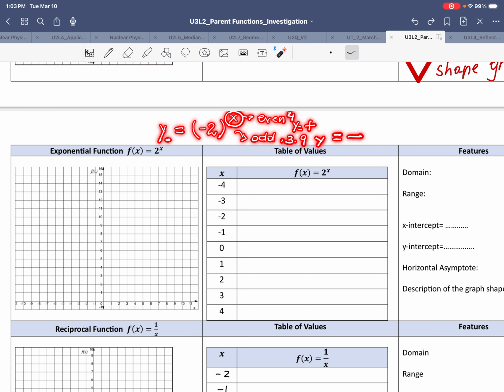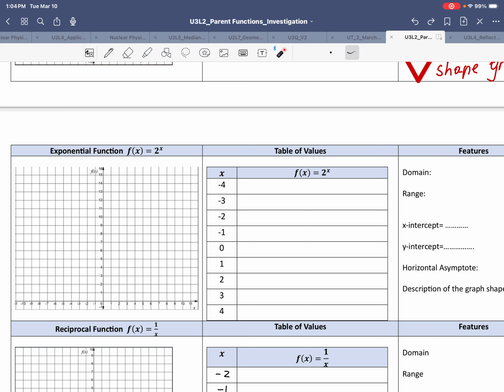Now imagine having, let's say, negative 2 to the power of 4, which will be a number all the way up here. So at positive 4, we're going to have the y value all the way up here. And at 3.9, which is very, very close to x equals 4, the value should go all the way down here. So the shape of the graph will be unrecognizable. There won't be a solid pattern that we can observe in this case, okay?